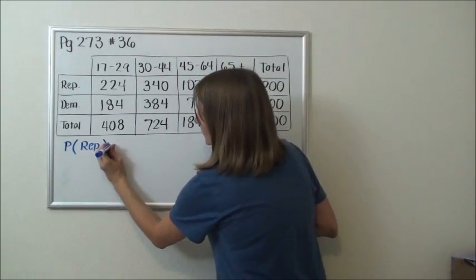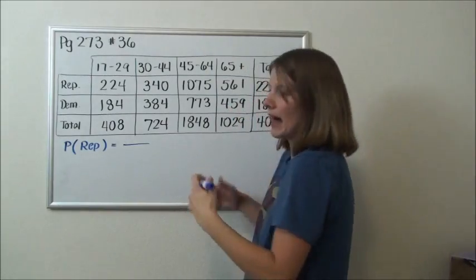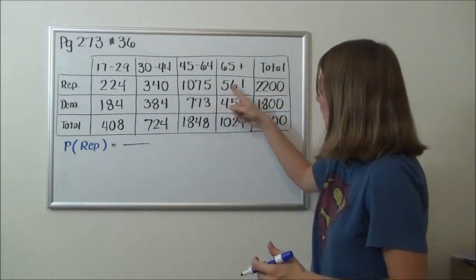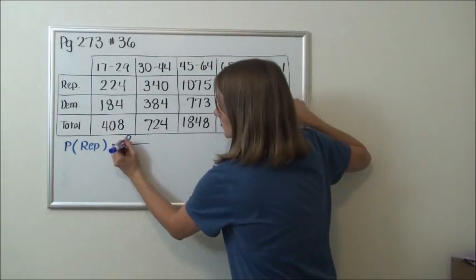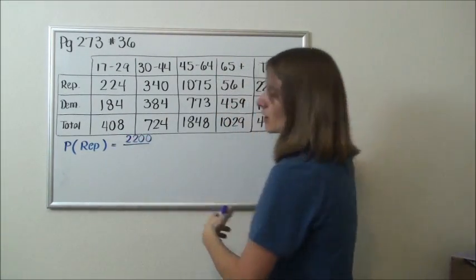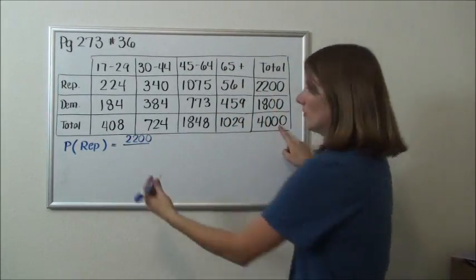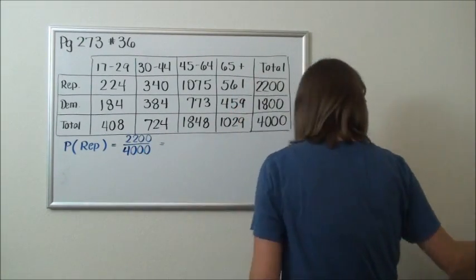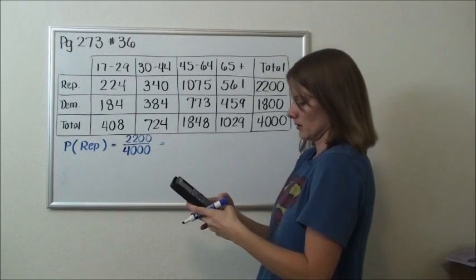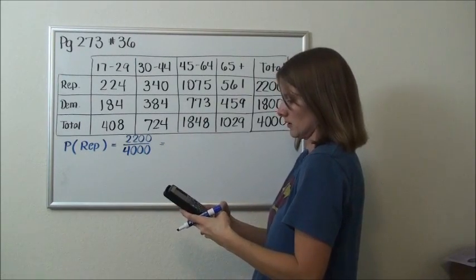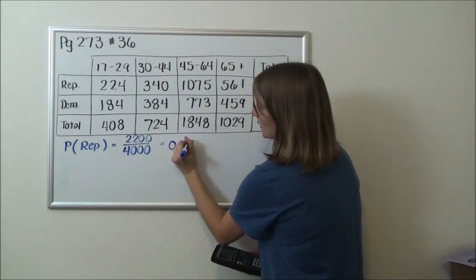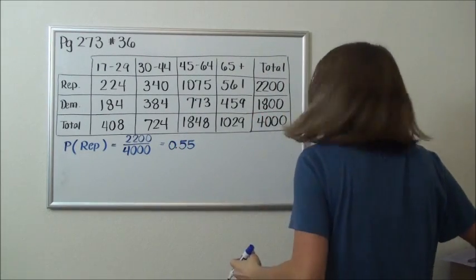What we'd do is we'd say, well, how many Republicans are there altogether? There are 2,200 Republicans. Out of how many people are there altogether? 4,000. And so my decimal would be 0.55. So that's the probability of being a Republican in general.